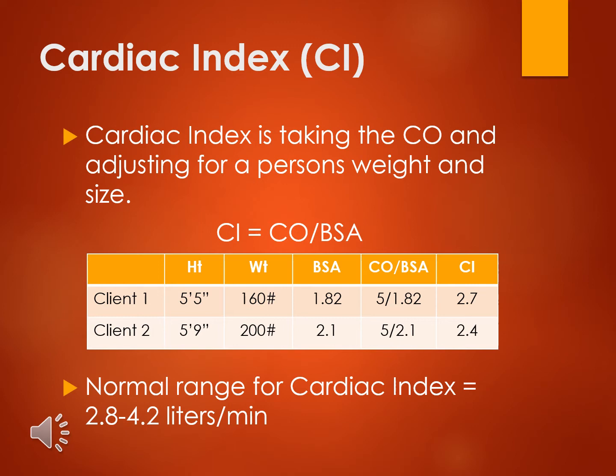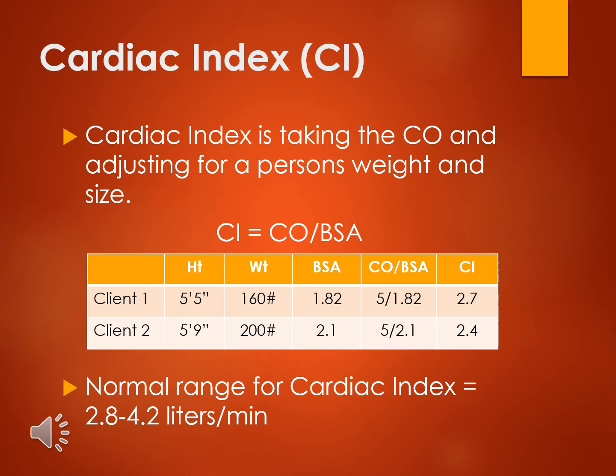So then, we're going to say they have a cardiac output of 5. If you take their cardiac output of 5 and you divide the 1.8 body surface area into that, you're going to come out with a cardiac index of 2.7. And you can see that's at a normal range, at a low normal range, but we're definitely perfusing enough with that.